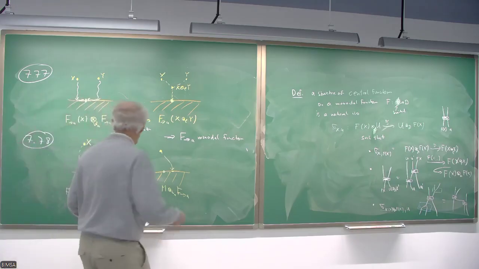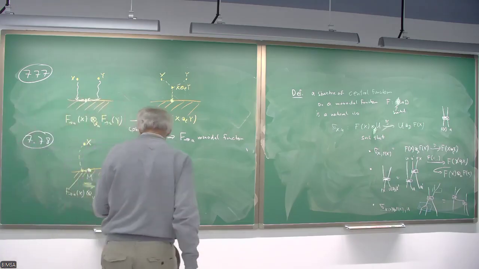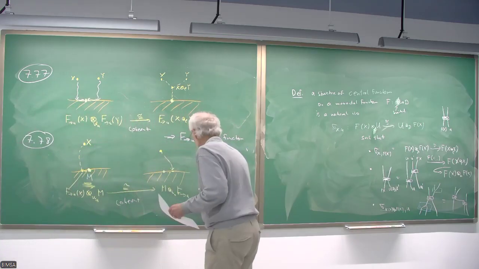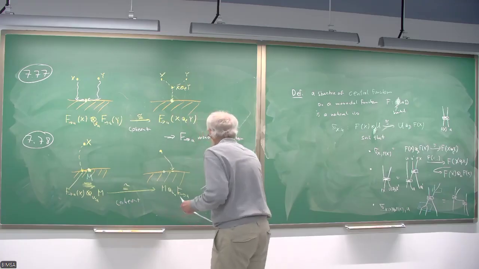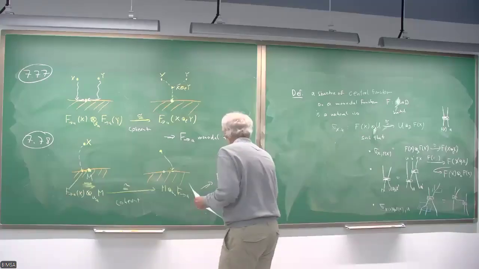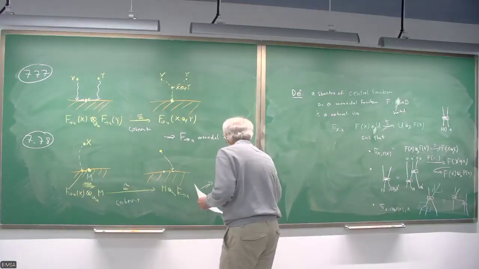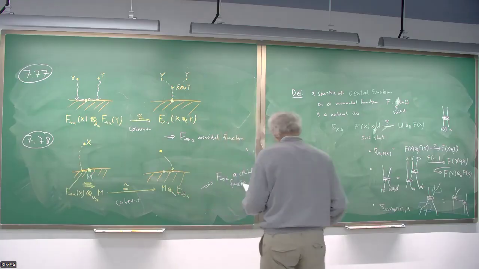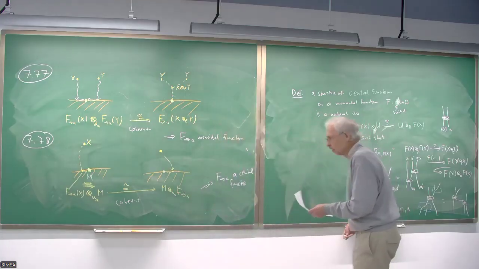And now, in the case of our functor that we have here, you see that this actually gives FA the structure of a central functor. And we indicate how you show this.